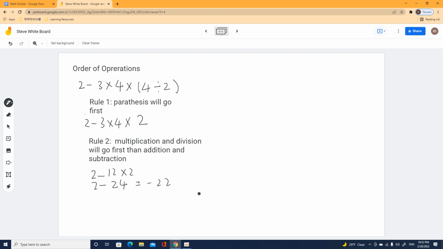The third scenario is that sometimes we have nested parentheses, such as this.